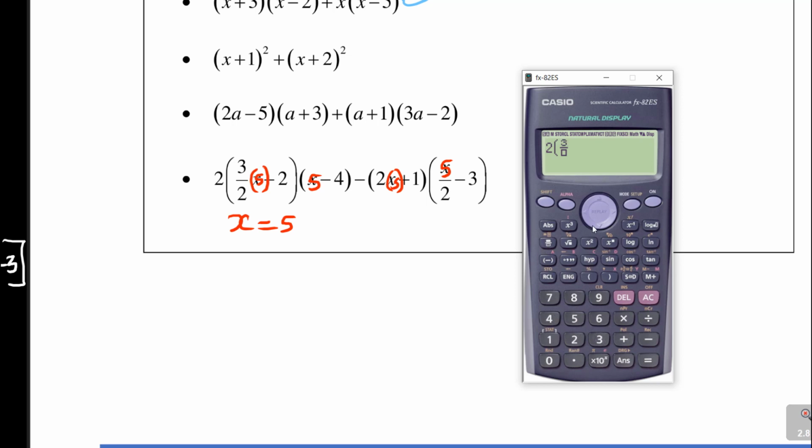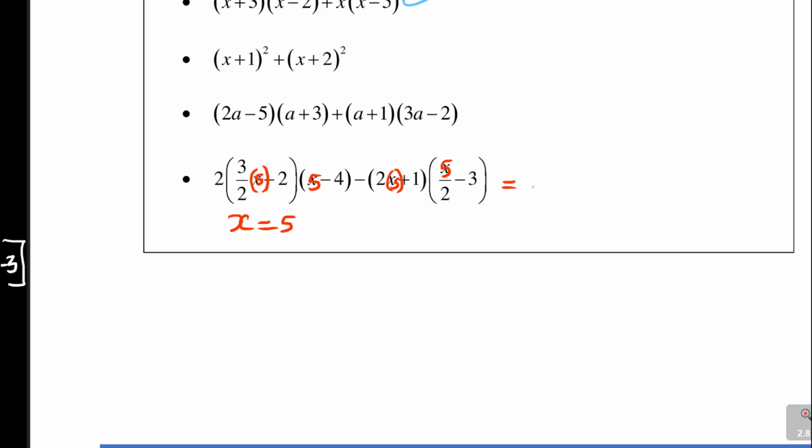There, 3 over 2 forward bracket 5, you close it, and then minus 2, then you close the bracket, and then open another one, is 5 minus 4, close the bracket, then minus bracket 2 times 5, see, you close yours, then plus 1, alright, and then close it and then open it. You just need to be careful. 5 over 2 minus 3. See, then close it. Equal to, there it is, 33 over 2.